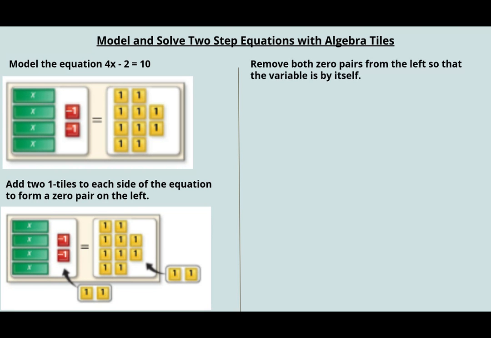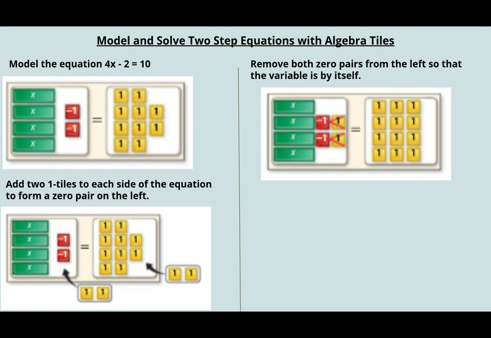Now I'm going to remove both zero pairs from the left so that the variable is by itself. Watch this. I had 10 positives on the right, but now I have 12. And I have 2 zero pairs, so I can cross them out. That leaves me with 4 x's on the left and 12 positives on the right. Now that I've zero paired, I can divide the remaining tiles into 4 groups.